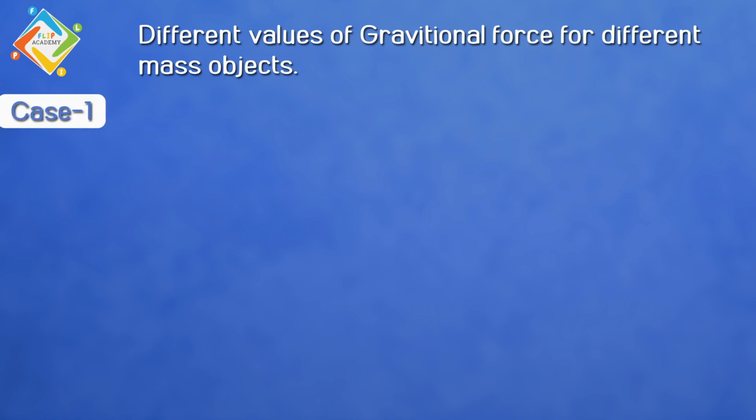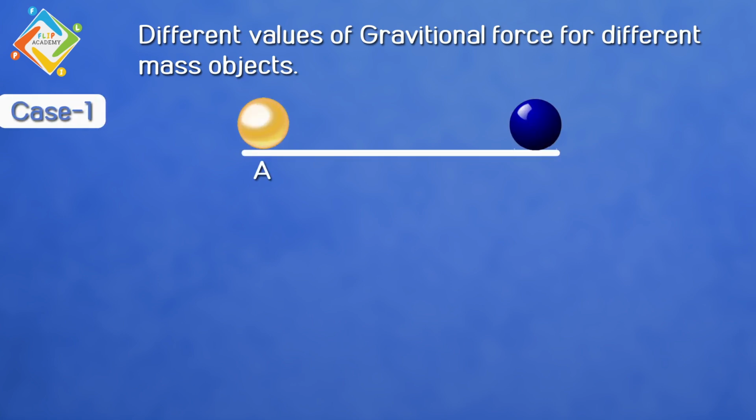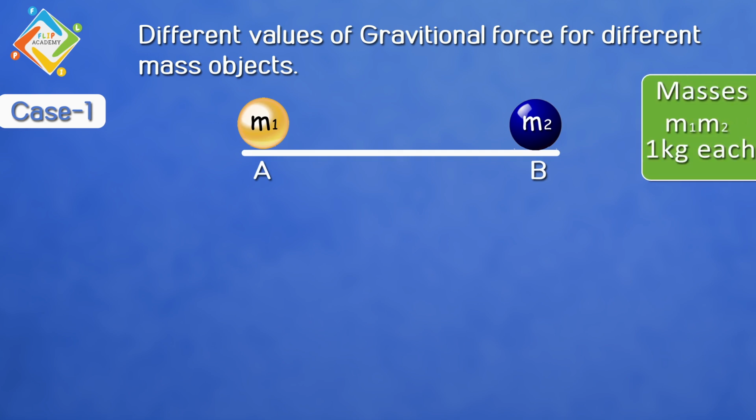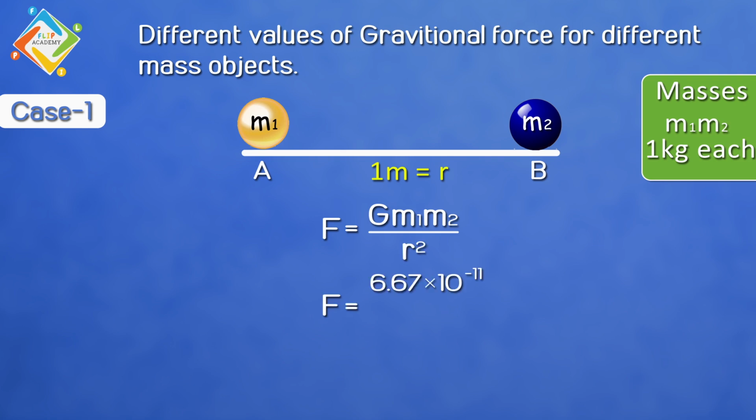In the first case, let us consider two objects A and B with masses m1 and m2. The masses m1 and m2 are 1 kg each, and the distance between them is 1 meter, which is the value of r. The formula for the gravitational force is F equals G m1 into m2 upon r square, where G is 6.67 into 10 raised to the power minus 11.